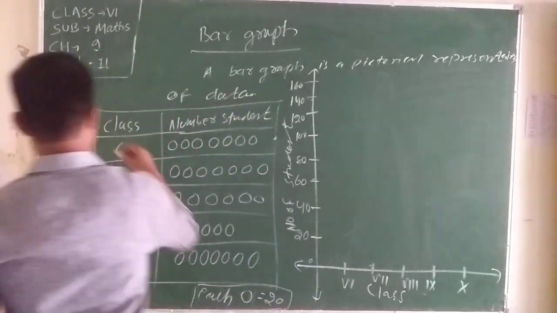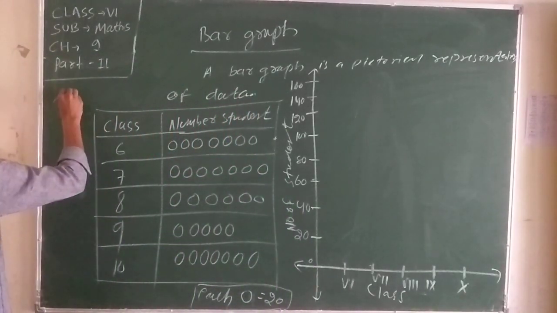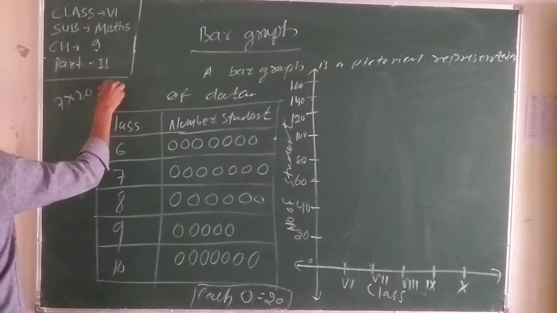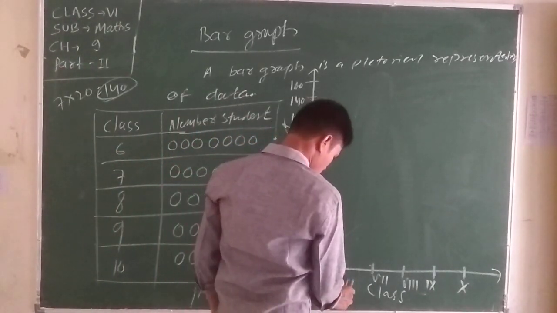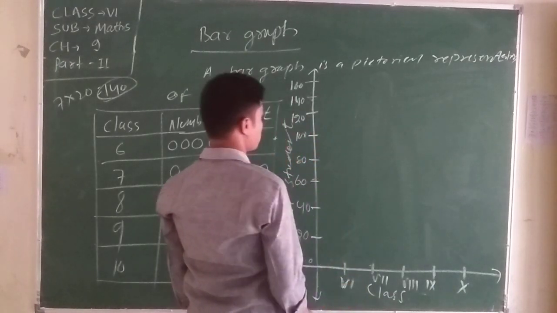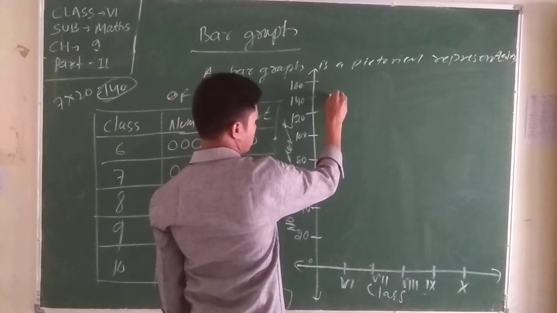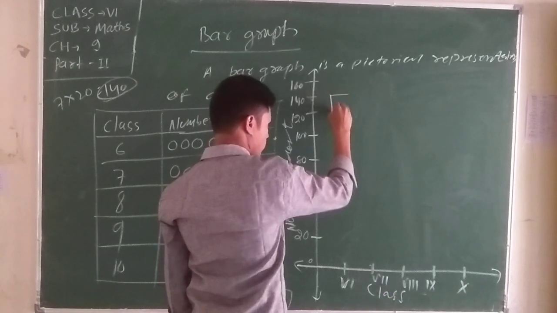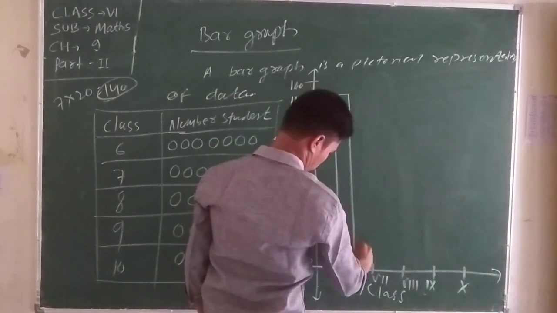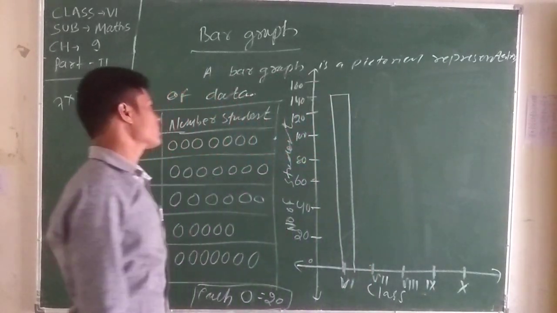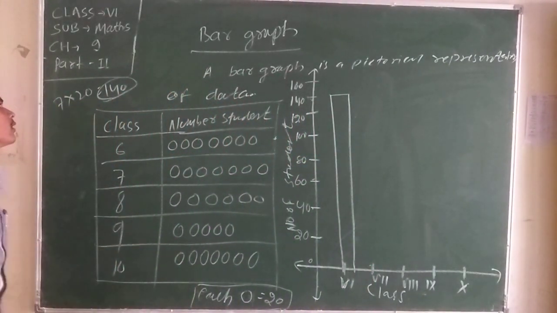Then 7 into 20 equals 140 students. In class 6, there are 140 students. Then we draw it here. 6th class: 140.